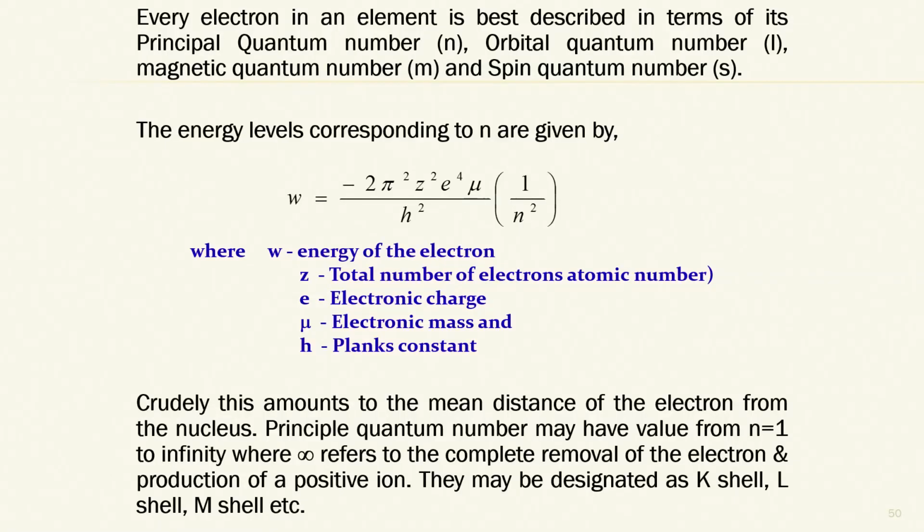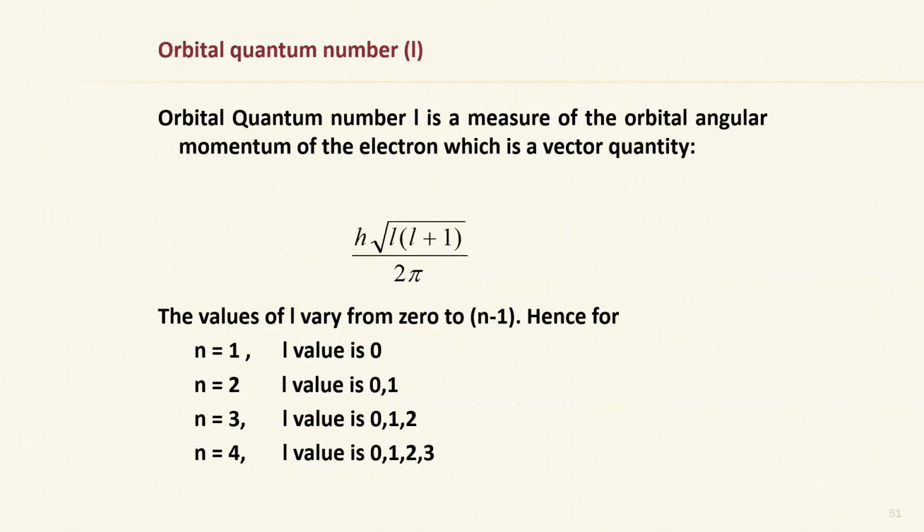Earlier I described n is equal to 1 to infinity. Now, in the previous equation we have not written L, but the second quantum number, that is orbital quantum number L, is another address for an electron. That is, any electron can be given some numbers corresponding to n, L, m and s.